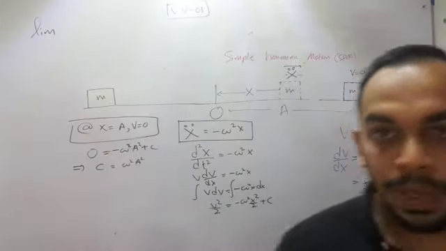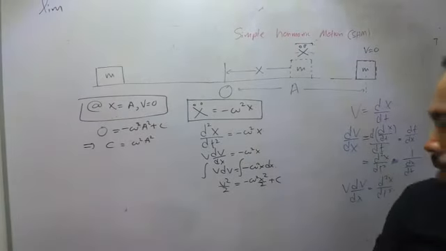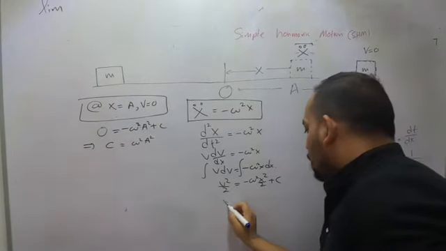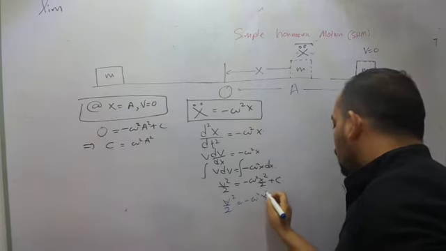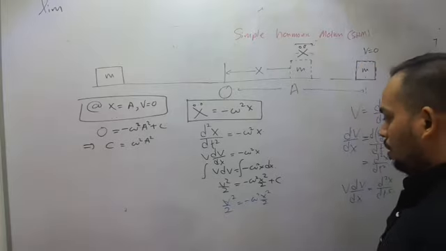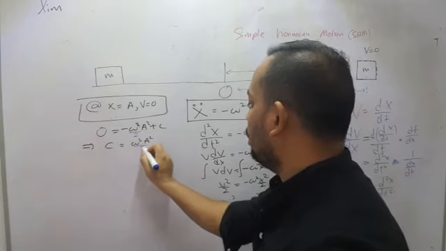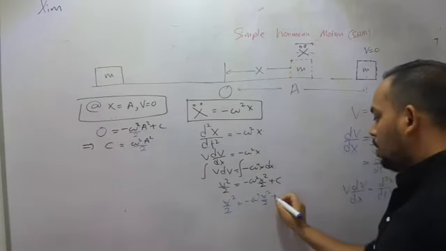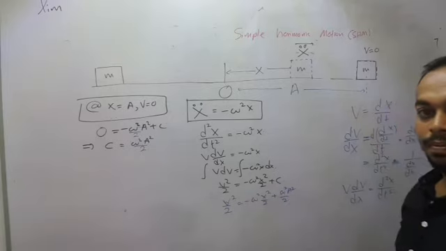Then we can obtain, right, v squared by 2 minus omega squared x squared by 2. Alright, there's a 2 here, I forgot it, plus omega squared a squared by 2.